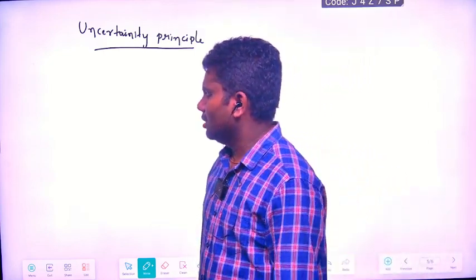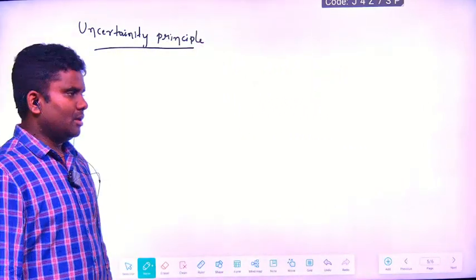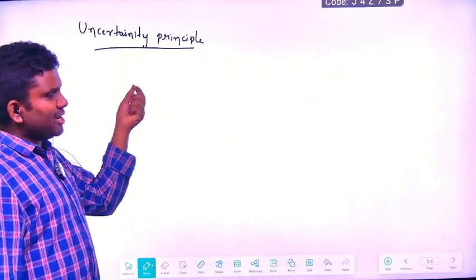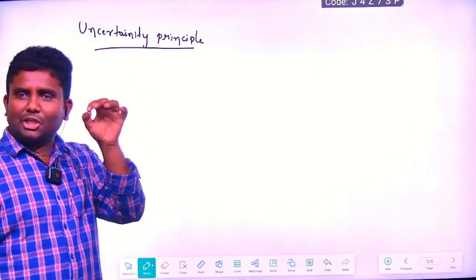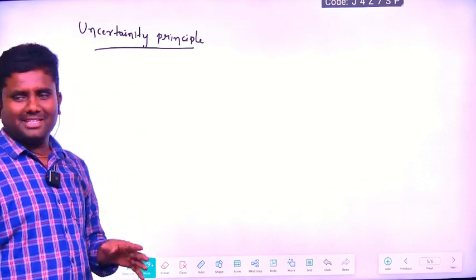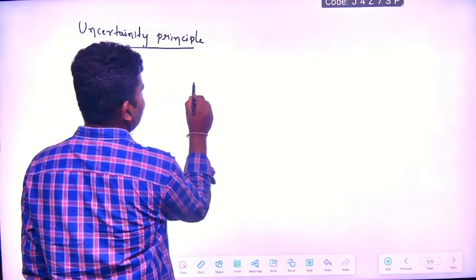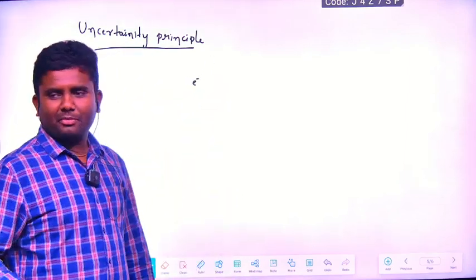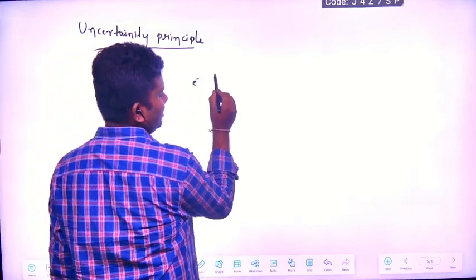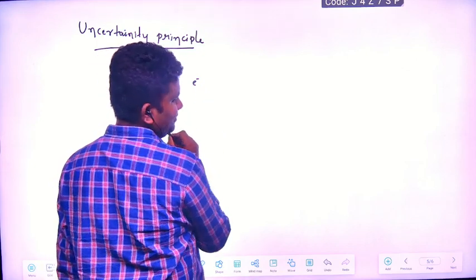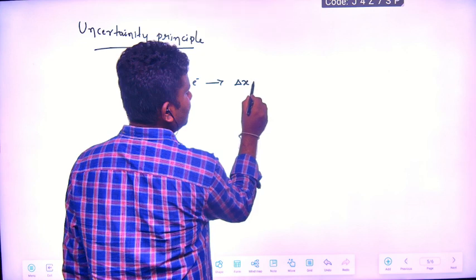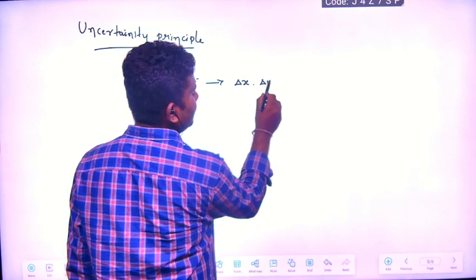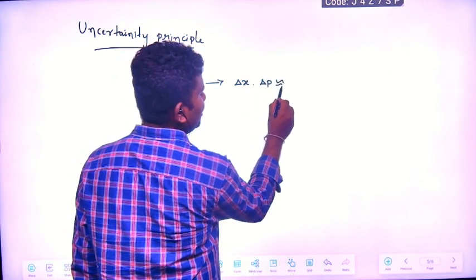Heisenberg says the position and momentum of a particle like an electron cannot be found accurately. If you take an electron, delta x and delta p cannot be found accurately.